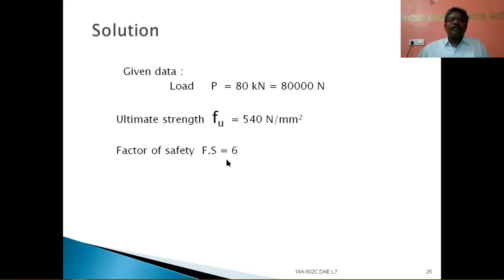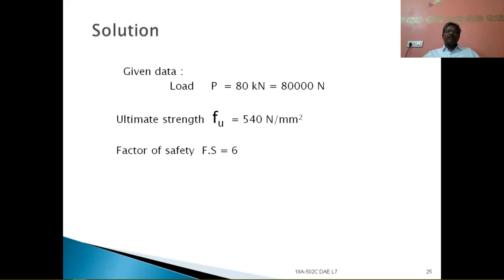Factor of safety is also given to you. So now factor of safety is equal to ultimate stress by permissible stress. So with the factor of safety and the ultimate strength, we are going to get the permissible tensile stress.